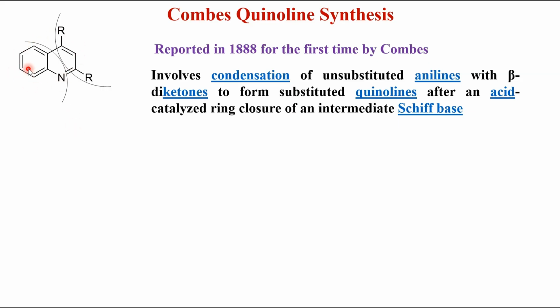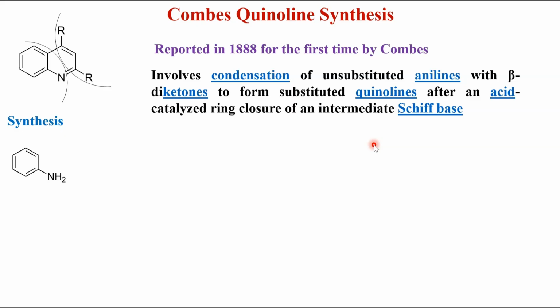Here, aniline condenses with beta diketones, that's a dicarbonyl compound, in the presence of a strong acid, and I'll get an intermediate Schiff's base which gets cyclized to give quinoline.